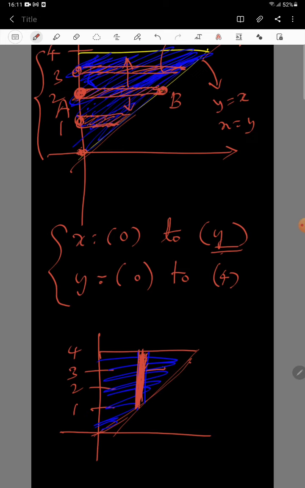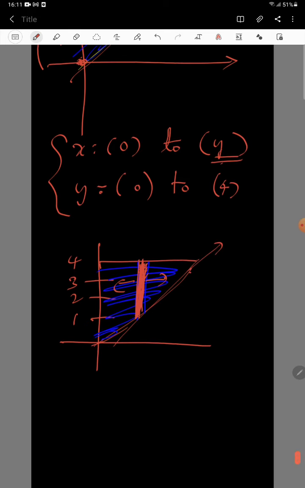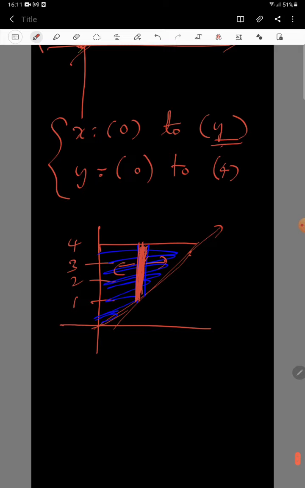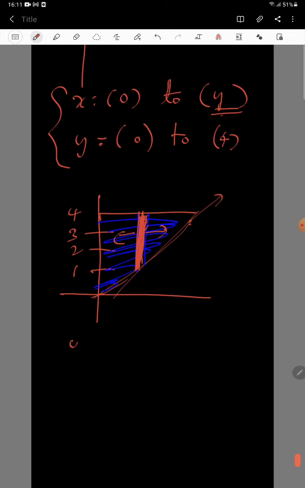This should be expanded. Now in this case, the limits will be very different. Same region we have, but we have decided to take first y then x. So the y limit should be written first, because the strip is parallel to the y-axis. Y limits to be written, then x limits.